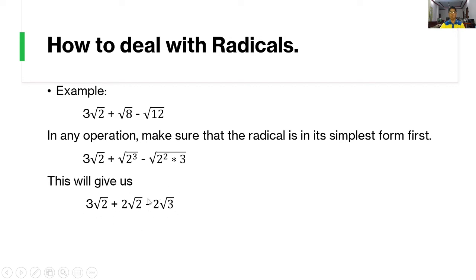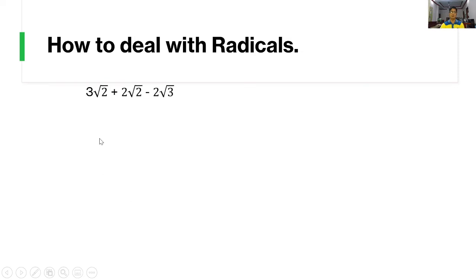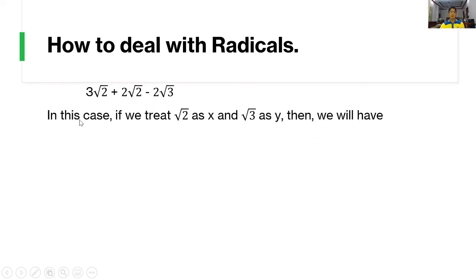Ngayon, kung eto na yung simplified form, what are we going to do now? In this case, if we treat square root of 2 as x and the square root of 3 as y, then we will have, palitan lang natin guys, 3x plus 2x. Bakit x? Kasi ito nga yung sabi ko.